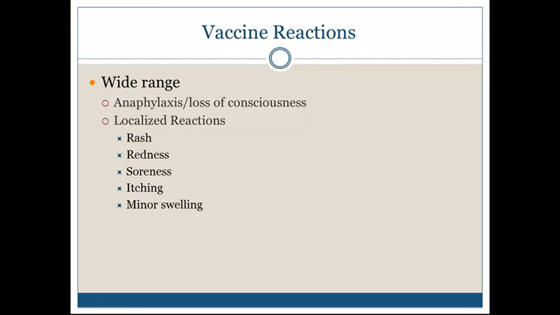Vaccine reactions. There is a wide range of reactions. Anaphylaxis usually results in the loss of consciousness. Localized reactions include rash, which is also called urticaria, redness, also called erythema, soreness, itching, also called pruritus, and minor swelling.